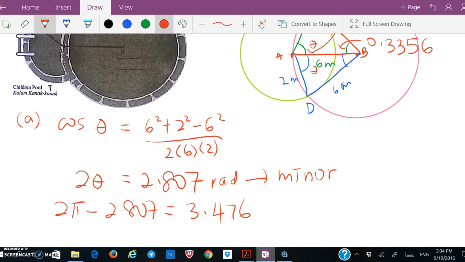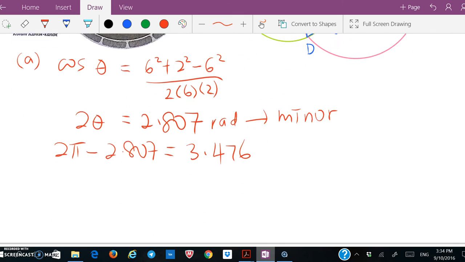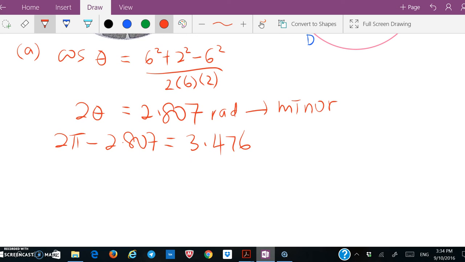Okay, let's start our calculation now. We're trying to find the length of arc for the major angle subtended in the children's pool. So let's have s equals the radius for the children's pool, 2 meter, times 3.476. It should be equal to 6.952.